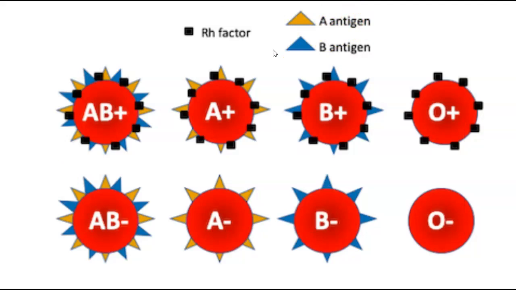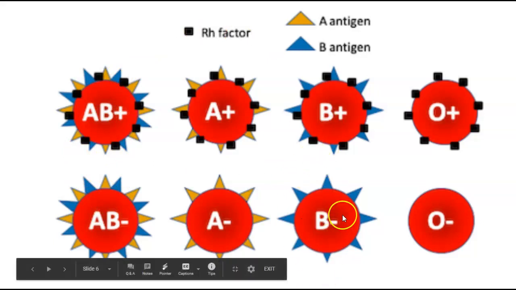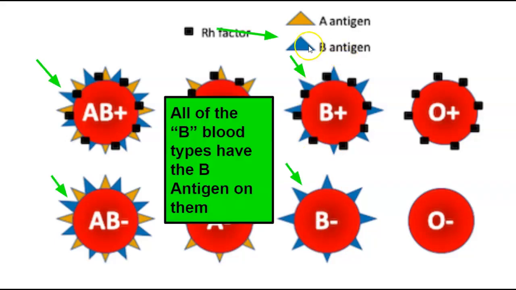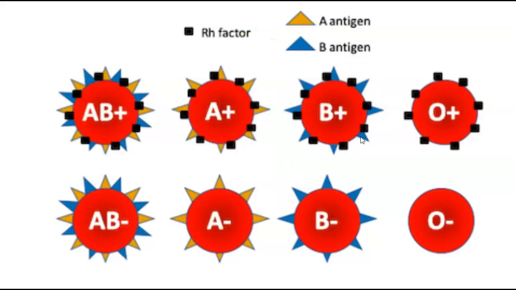Now let's take a look at all of the ones that have a B. So there's two over here, two over here. What do they all have in common? They all have the B antigen, so they have a B protein on the outside of the cell. Last but not least, what do all of the plus sign ones have in common?